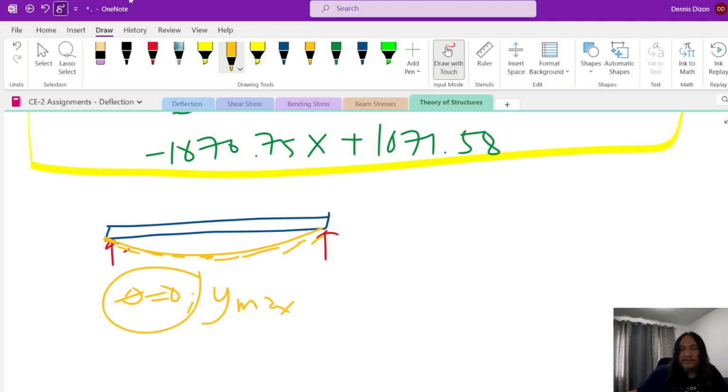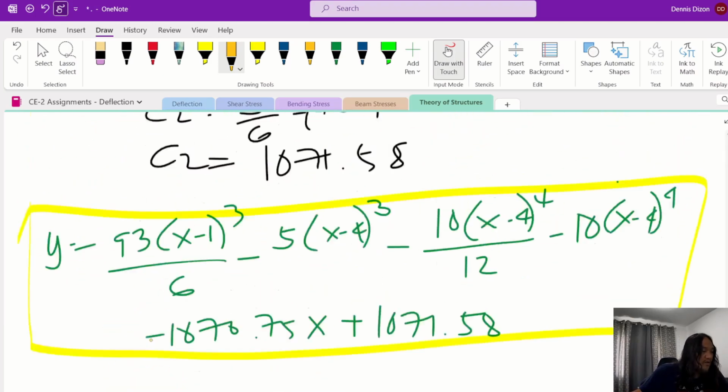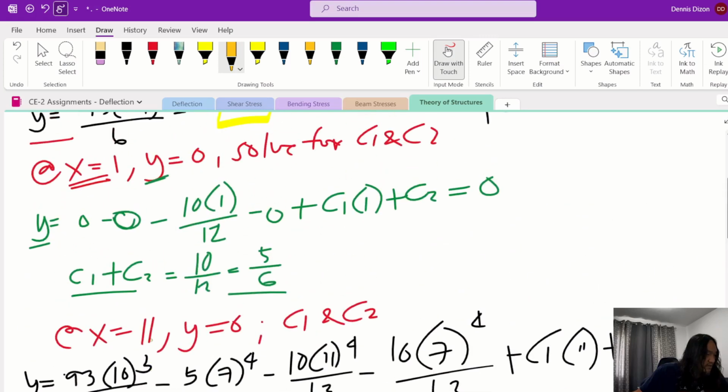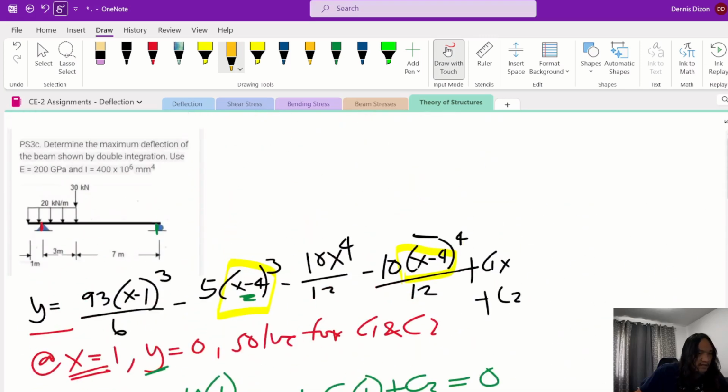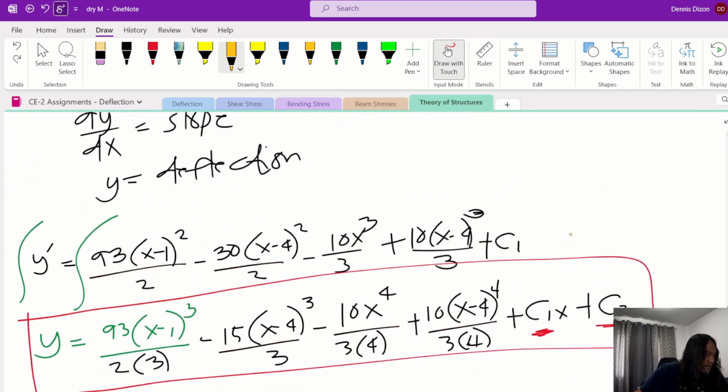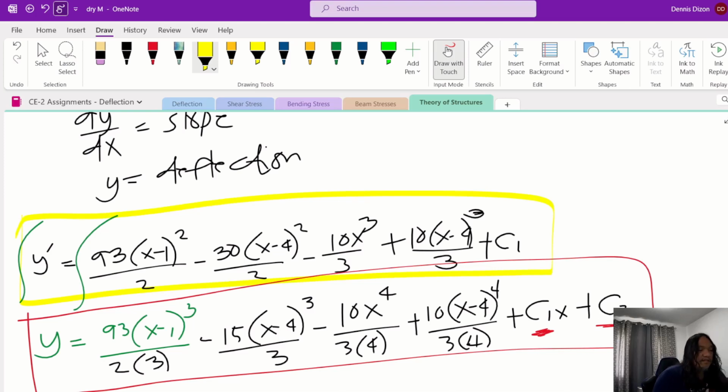Now if you remember, the first derivative of the deflection is your slope. So going back to this equation, this is your slope. Once we solve for the distance x, we can solve for the maximum deflection.